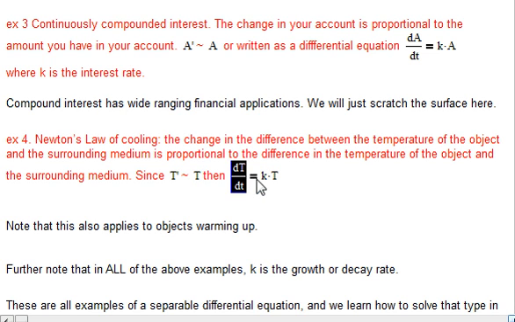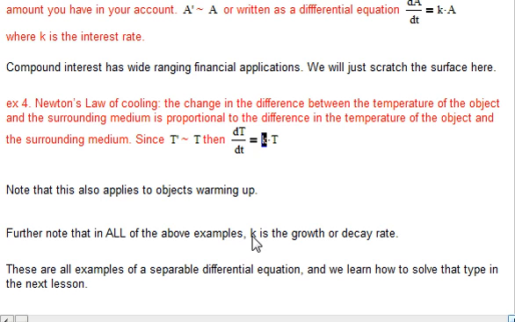So there's the change, constant of proportionality, times the difference between the object and the medium that surrounds it. Also applies in case it's warming up. It's just then K would be a positive number in that case.